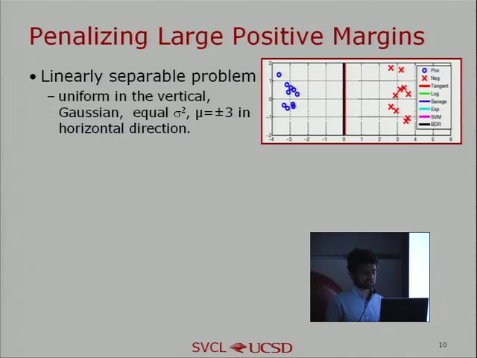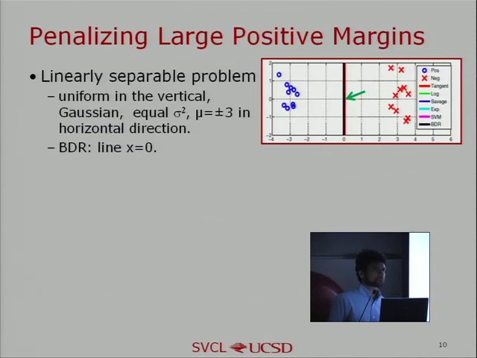For these two classes, it's easy to see that the Bayes decision rule would be a line at x equals 0. And in fact, if any of the previous Bayes consistent loss functions are used on this exact data set, they would all place their decision boundaries where the red line is, which is very close to the black Bayes decision rule. So all the previous Bayes consistent loss functions will approximate the Bayes decision rule almost exactly.